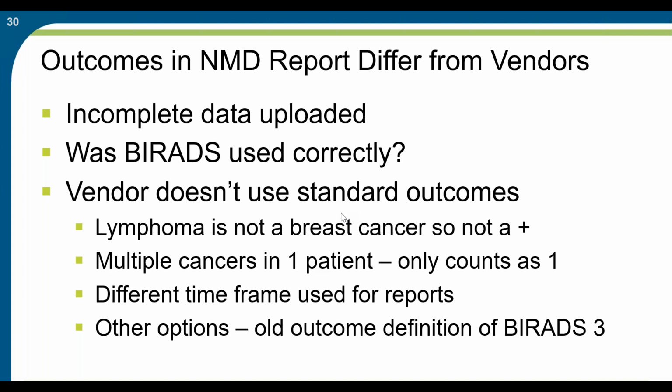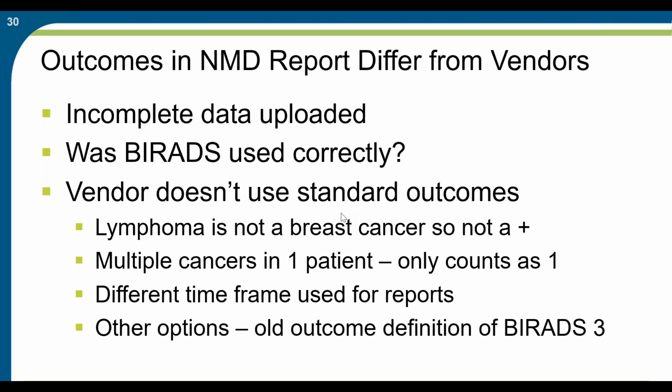The date range has to be the same. And again, the information will be made more complete over time, so the information may not be the same. Issue of satellite facilities: did you do your report based on the same set of facilities that your NMD report is based on?